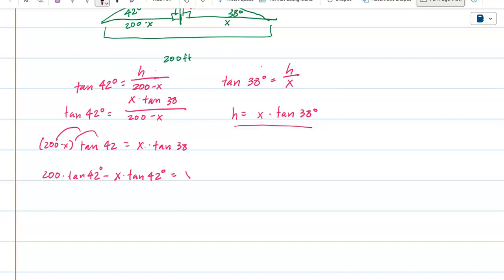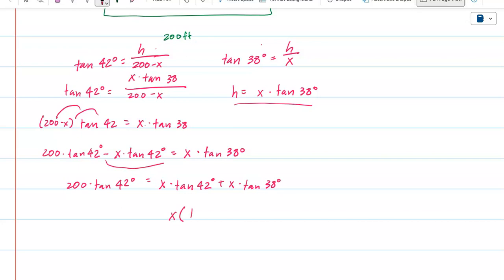Collect the x's. I just move this to the other side: 200 times tangent of 42 equals x times tangent of 42 plus x times tangent of 38.